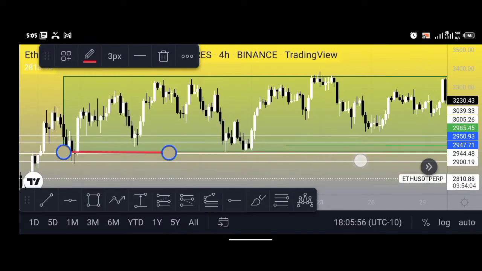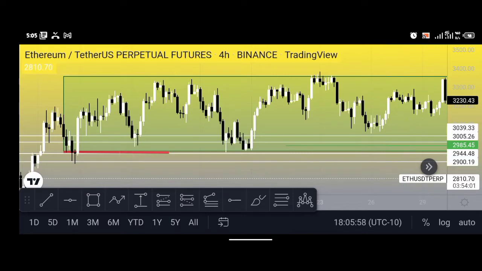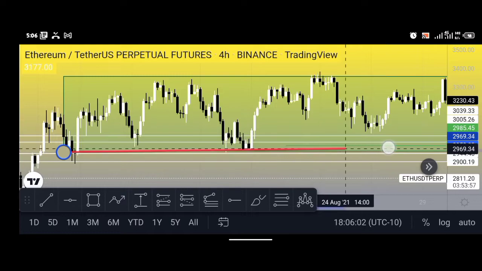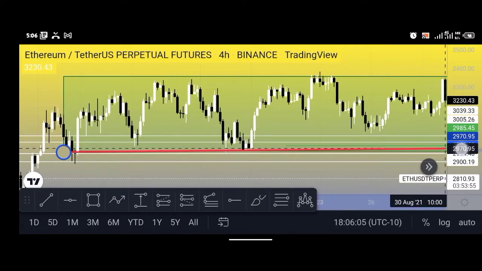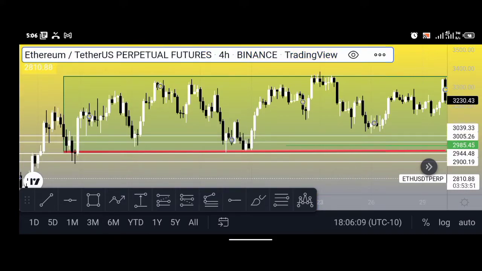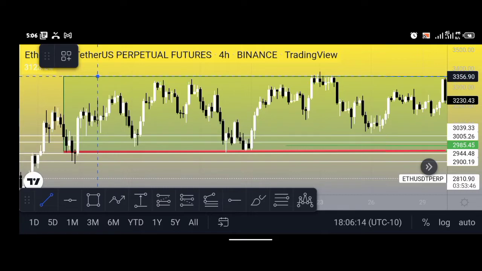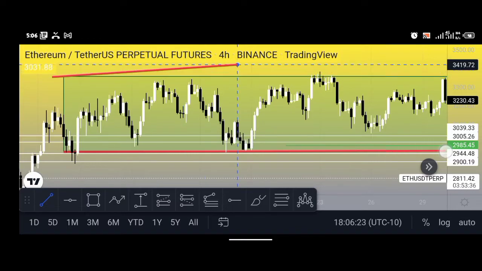This red line here is the support line, and let me draw the resistance. In the previous market, this resistance was touched multiple times. That is why I call it a strong resistance.